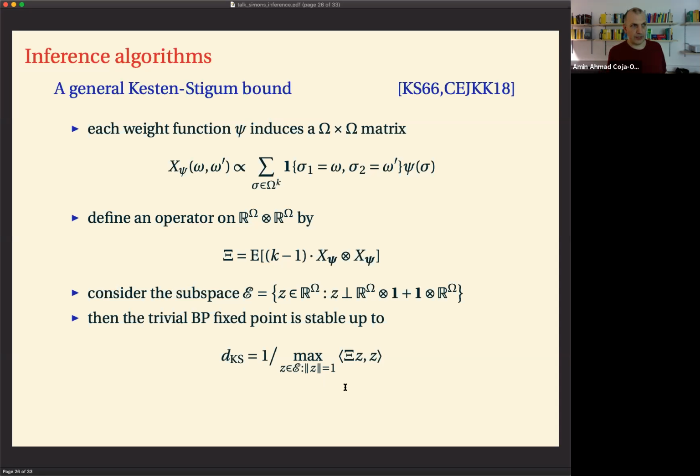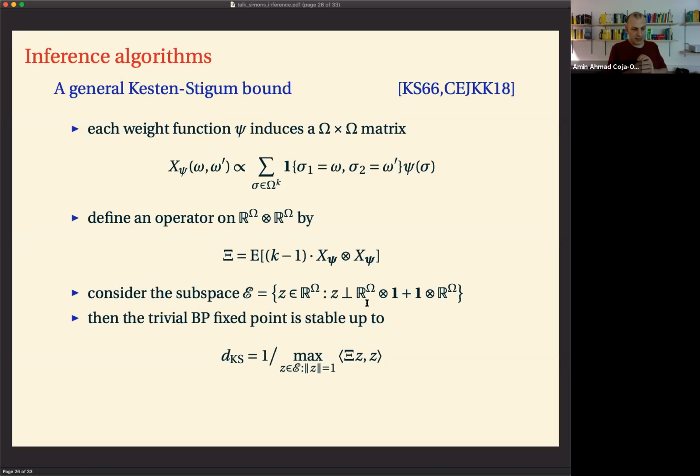And so this particular threshold, where you look at the maximum eigenvalue of this operator in a certain constrained space where we throw out some eigenvalues that are irrelevant to our problem, corresponds to a generic version of the Kesten-Stigum bound.